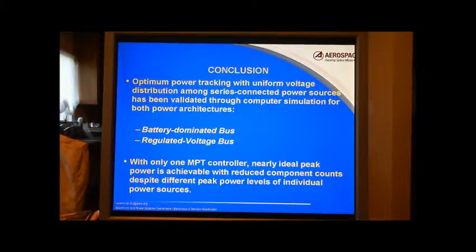With only one MPT controller, nearly ideal peak power is achievable with reduced component counts despite different peak power levels of individual power sources. Thank you for your attention.